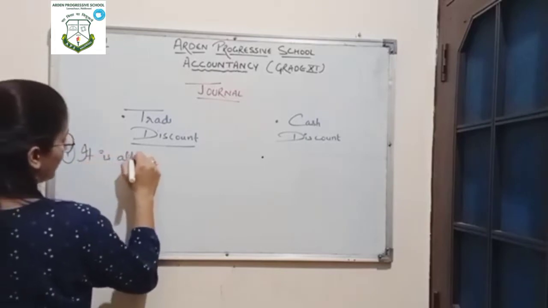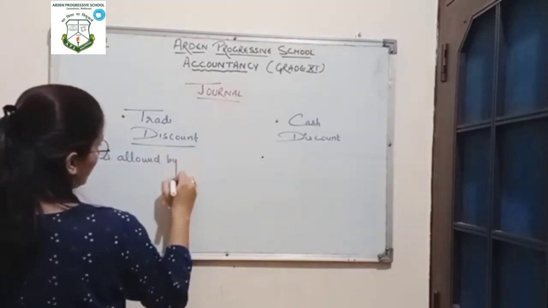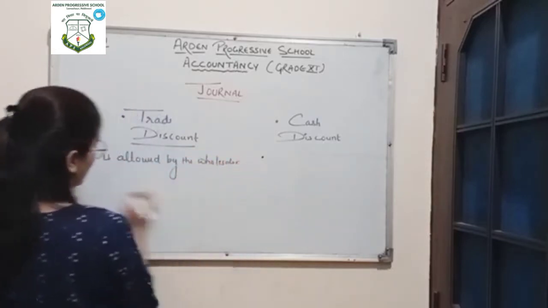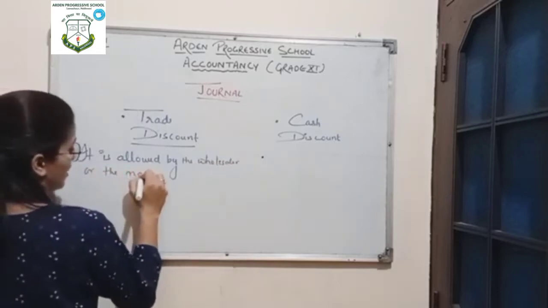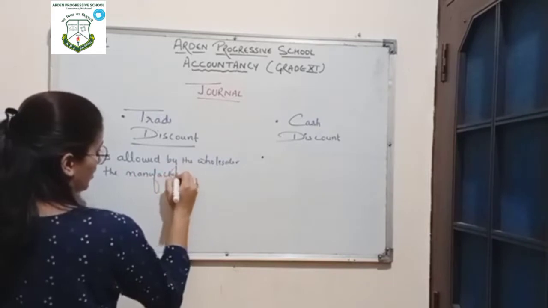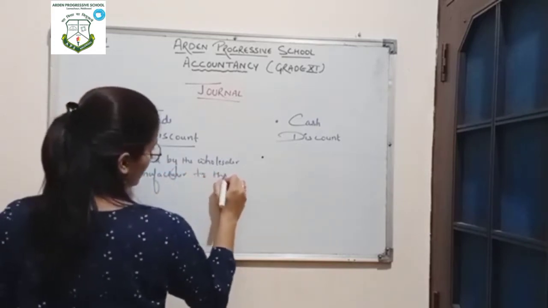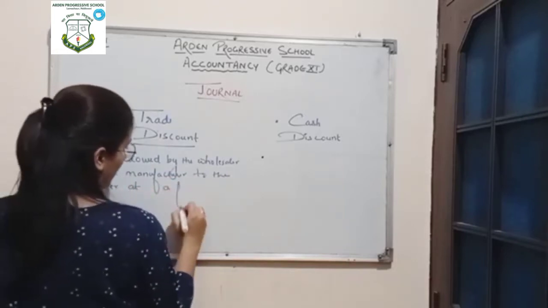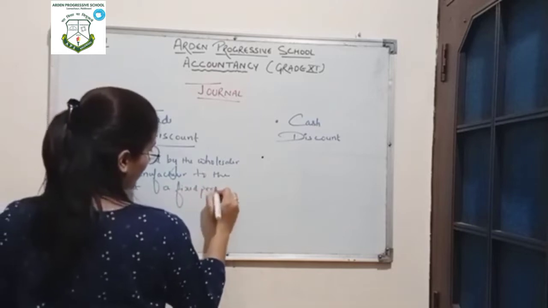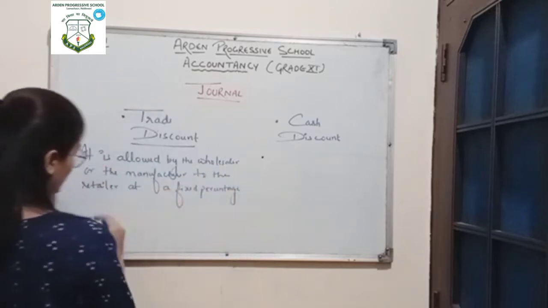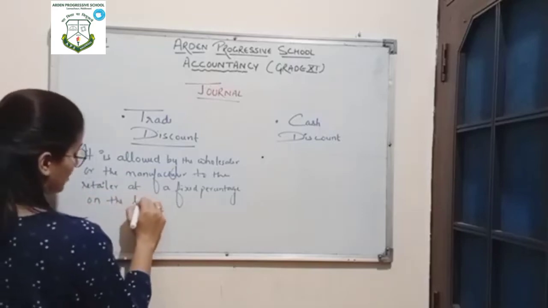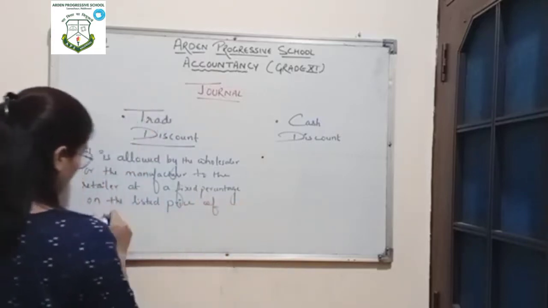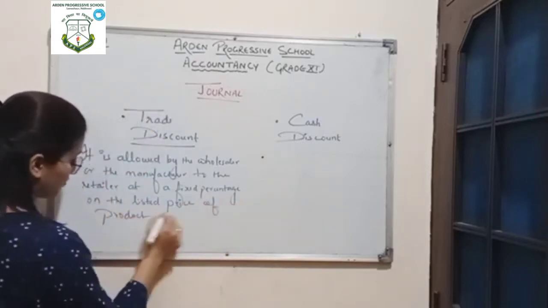So first point on trade discount will be, it is allowed by the wholesaler or the manufacturer to the retailer at a fixed percentage on the listed price of product.